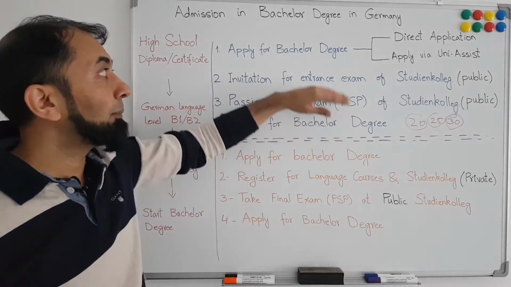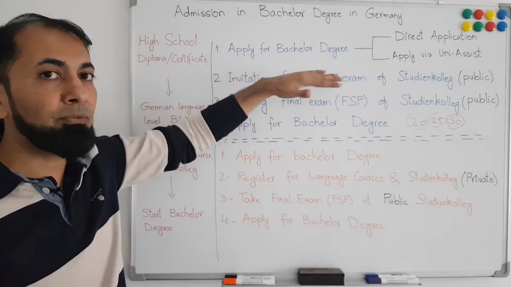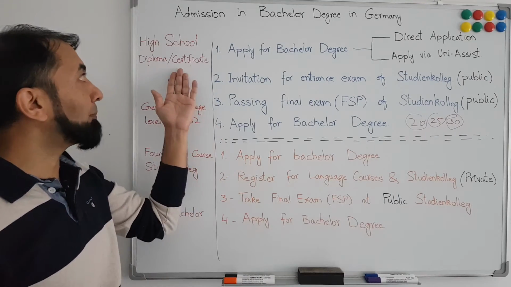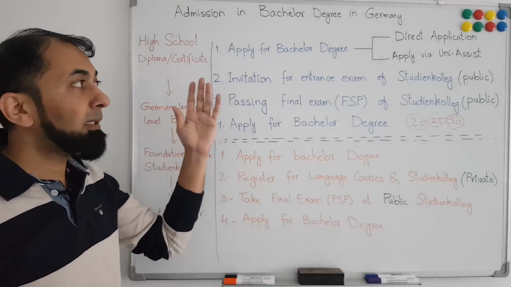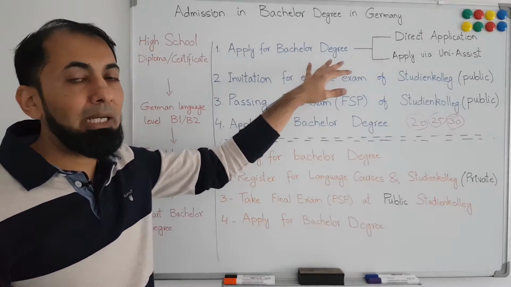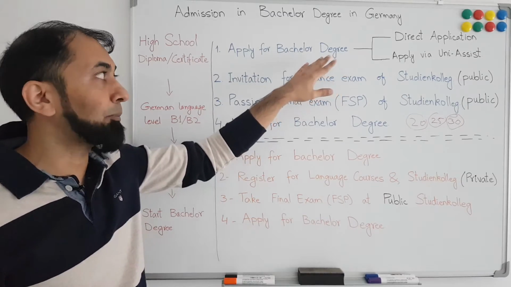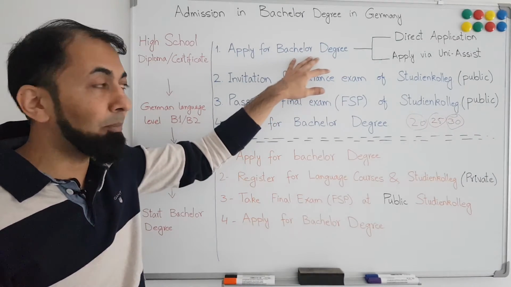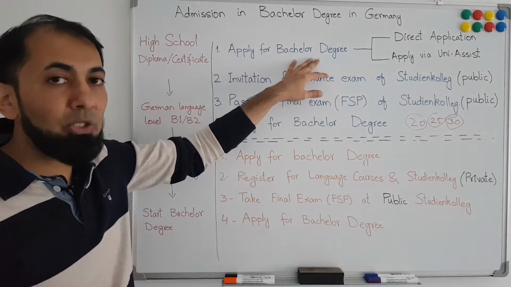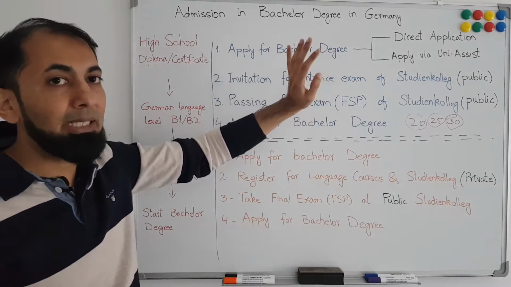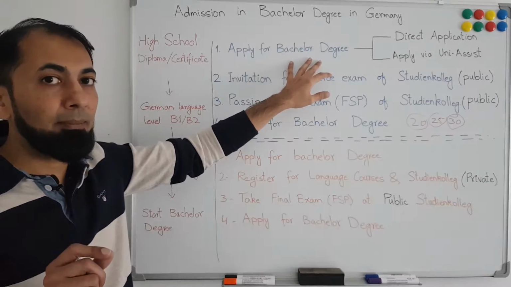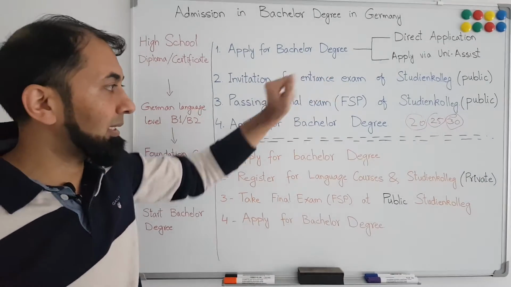But you have the option that if you want to study mechanical engineering but at the time you completed your high school diploma there is no intake for mechanical engineering, you can apply for electrical engineering or any other engineering program. As long as it is an engineering program, you can apply for it. You can also apply for computer science programs, for example, or IT programs, but you should not be applying for the business programs or social science programs.